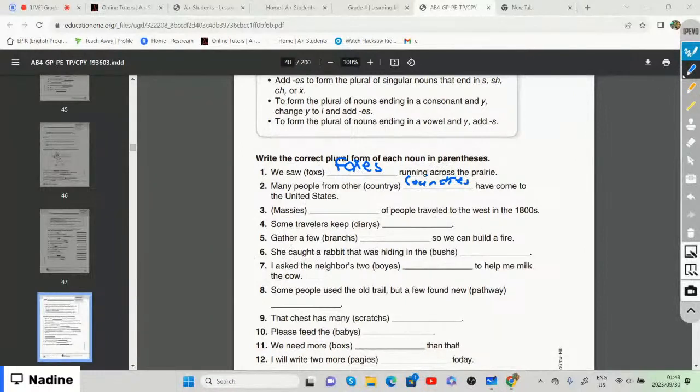Masses of people traveled to the West in the 1800s. So basically, a lot of people traveled to the West in the 1800s, hundreds. And some travelers, they keep diary. So we're going to say they keep diaries.